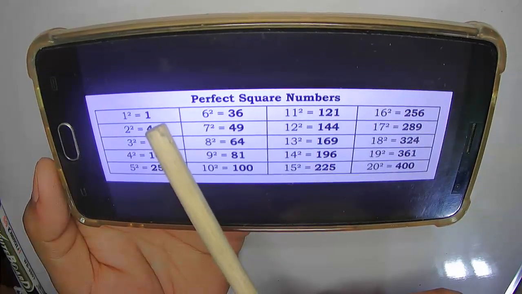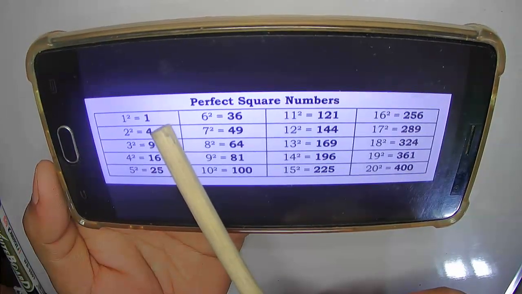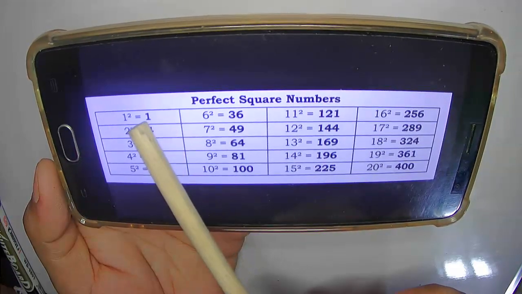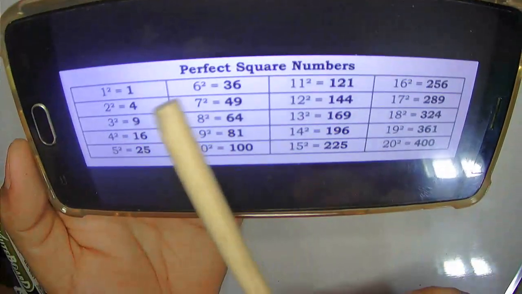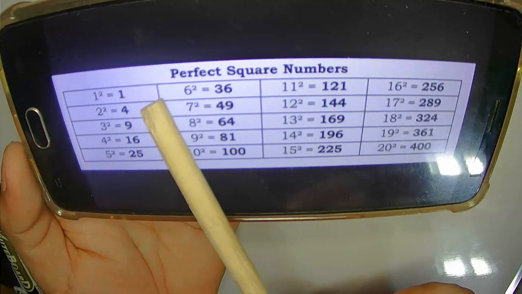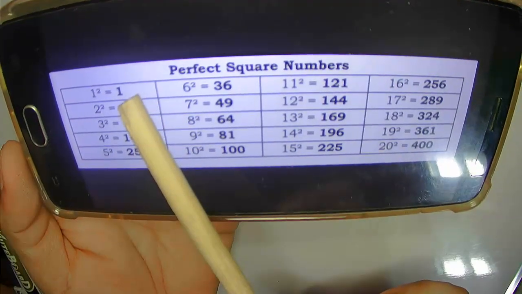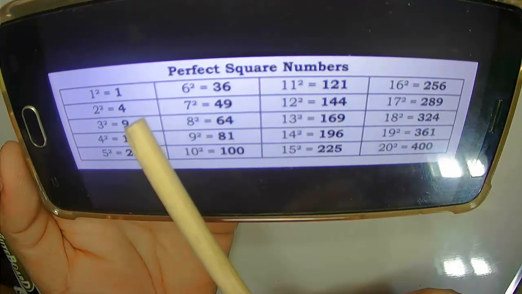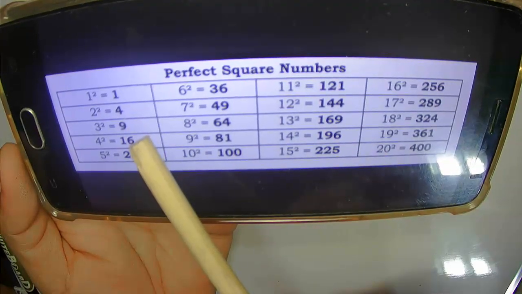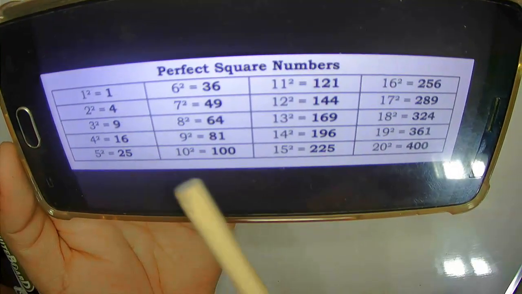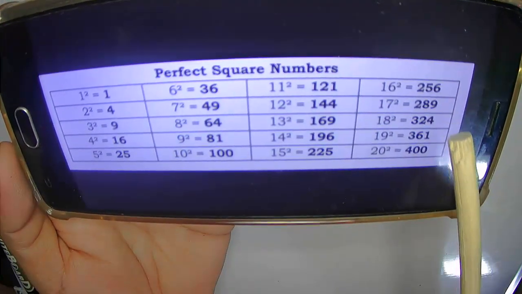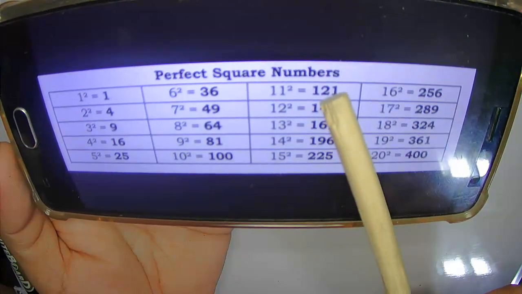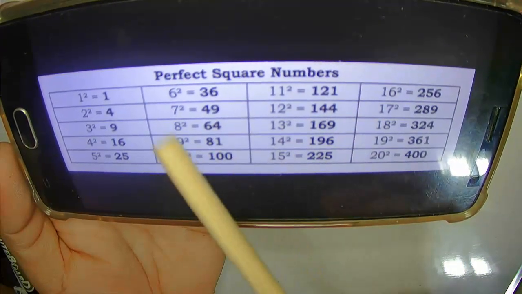Kasi itong mga nasa right side, pag kinuha natin yung square root of 1, since nagaling yan sa dalawang number na magkapareho, and that's 1, so ang ibig sabihin, ang square root of 1 ay rational number. Ganon din ang square root of 4. Ganon din square root of 9, square root of 16, square root of 256, square root of 289, square root of 324, square root of 121, and the rest.